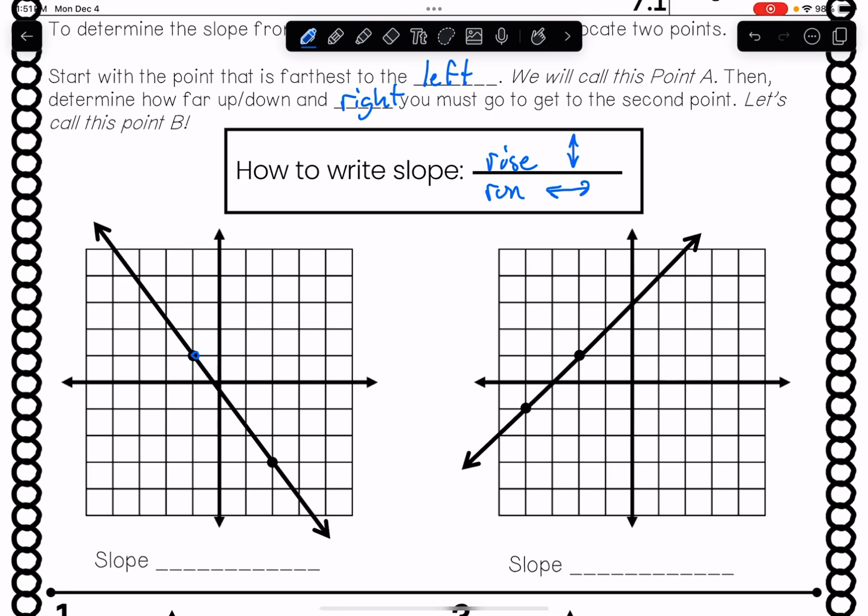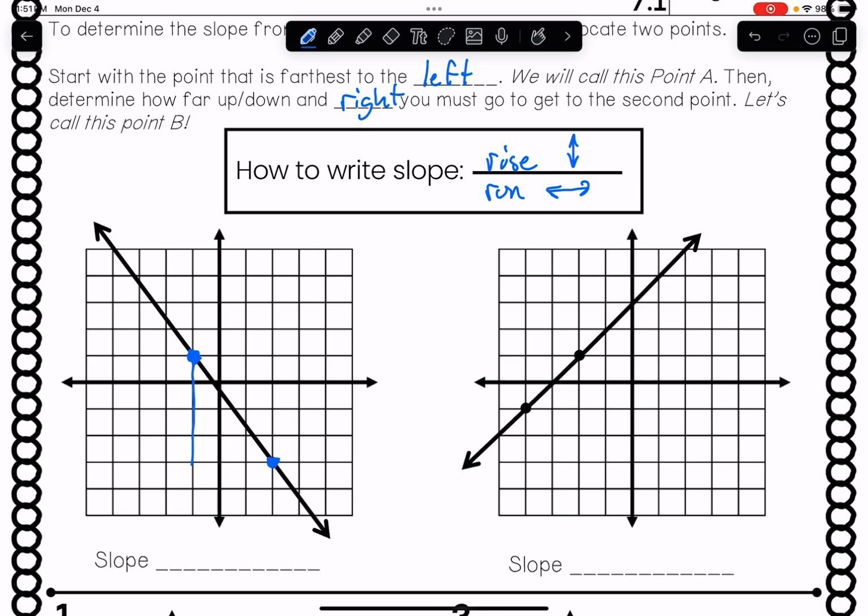We are starting with our furthest left point that it gives us right there. And we're trying to move to this second point. So we want to do our rise first. When we notice that our line is going down when we go left to right, this is going to be a negative slope, and let's see that happen. We're going to drop 1, 2, 3, 4. And because we're dropping, we're going from a positive value to a negative value there.